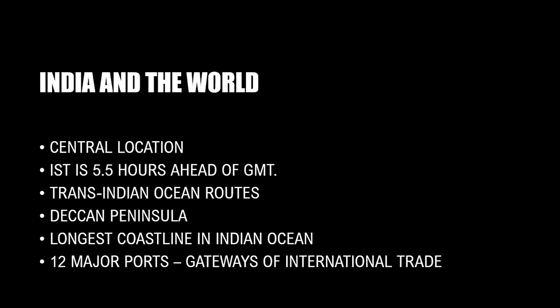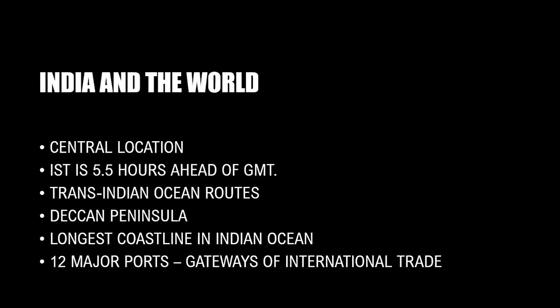Initially, when this sea route was found, it was only a trade route, only for exchange of commodities. But slowly, it also became a way to exchange ideas: Panchatantra, our Indian numerical system, Upanishads, Ramayana. Now they have reached all parts of the world.